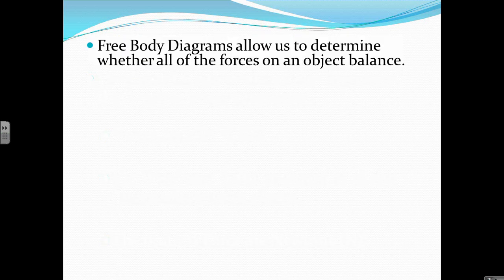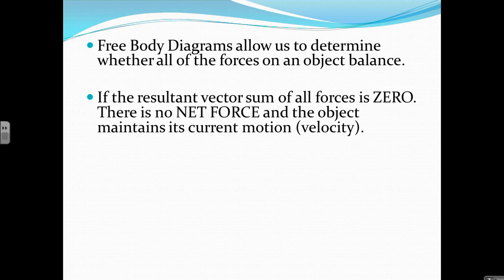The purpose of a free body diagram is to allow us to determine whether all the forces on the object balance, and if they don't, to determine the net force. If the vector sum of all the forces is 0, there is no net force on the object. The object will maintain its current state of motion, either at rest or moving with a constant velocity.